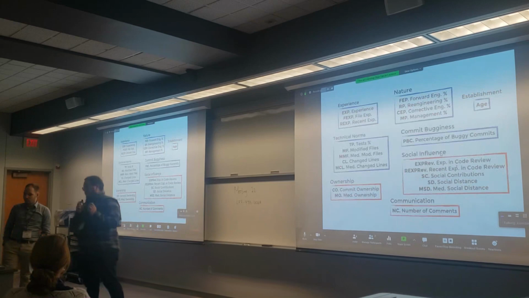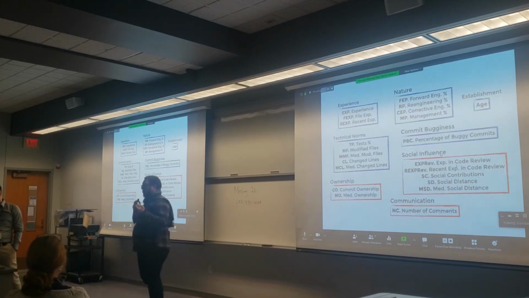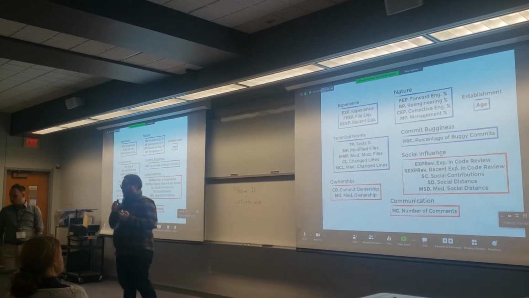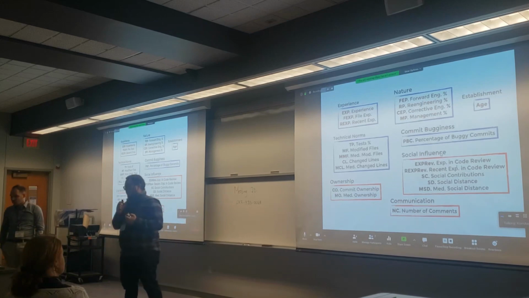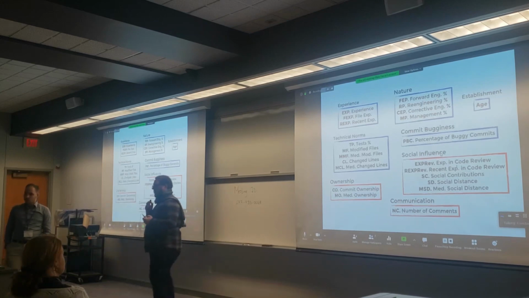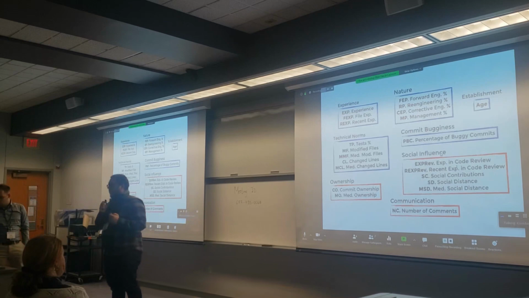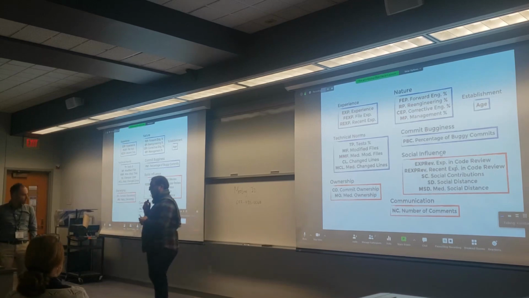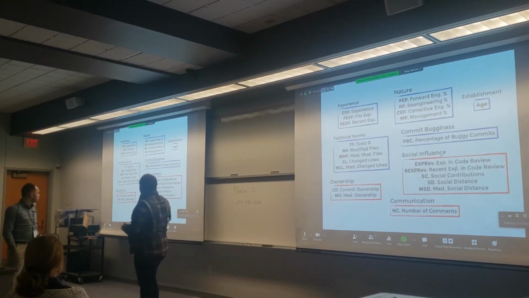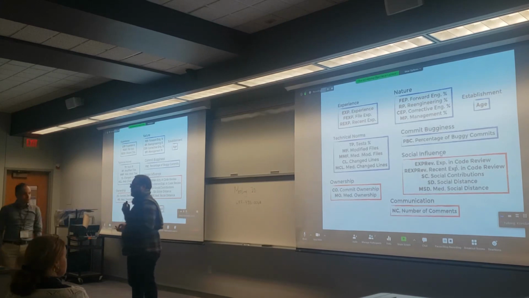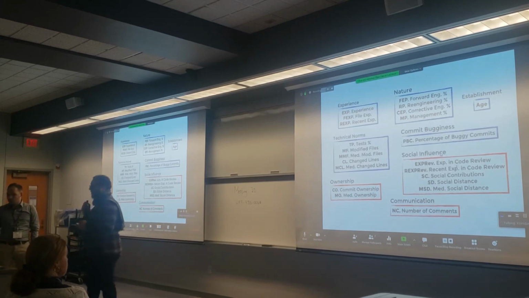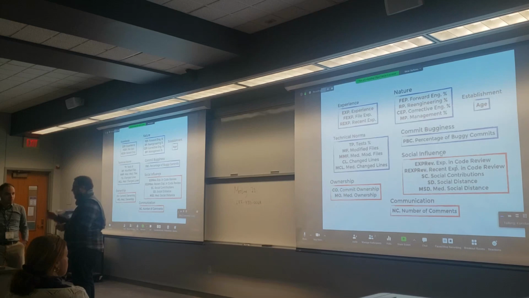Okay, those are a few metrics that compose our factors. We have 14 technical metrics and, I think it's 8, social metrics. Those are the ones used in our study to measure the probability that a commit is buggy.